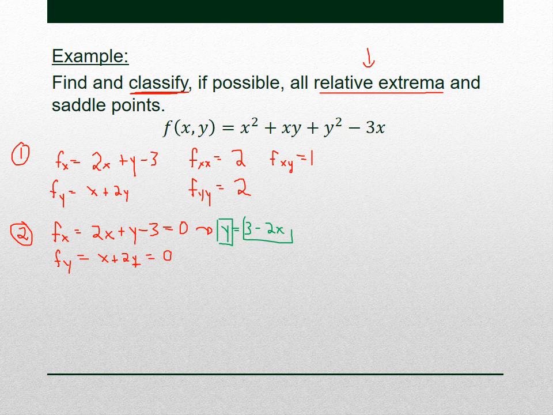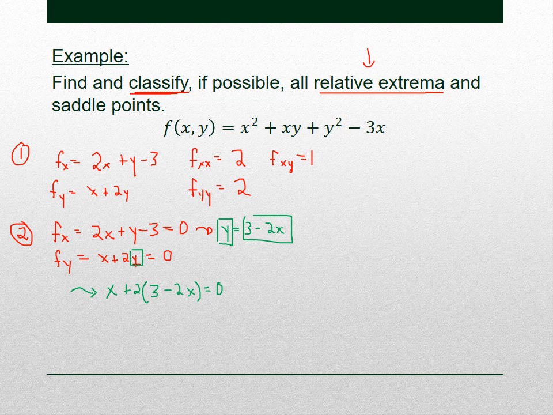And now what we want to do is plug what y is equal to into that second equation, wherever that y is. So when we do that, we get x plus 2, and then instead of a y, we're going to substitute in what we got for y, which was 3 minus 2x, and that is equal to 0.